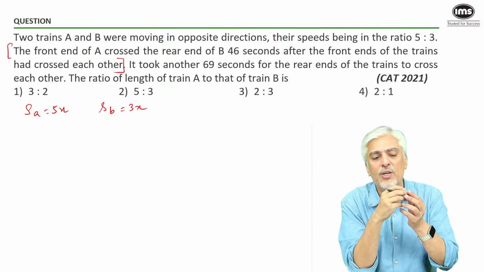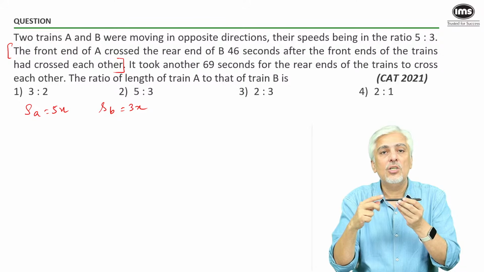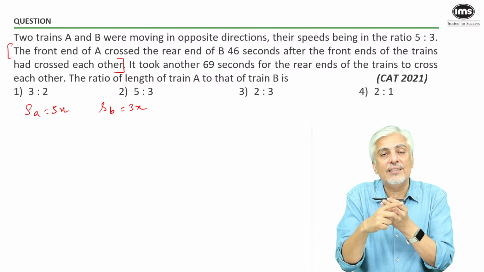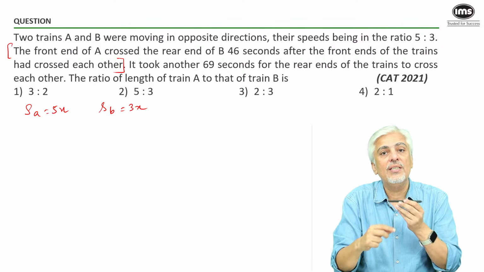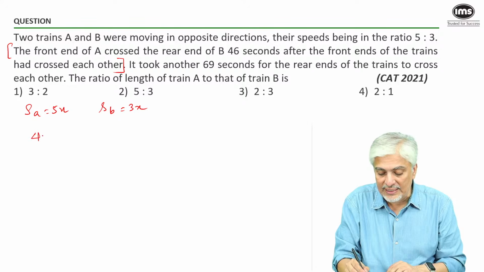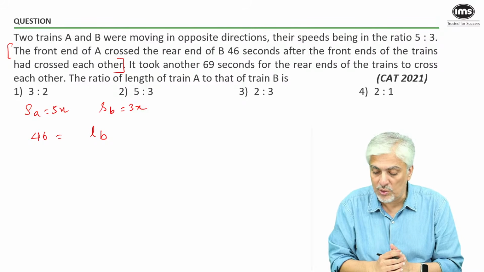So after the two front ends crossed, then the front end of A crossed the rear end of B. That means only B's length is important. The rear end of A has still not come in. Which means in the first case, when I use 46 seconds, I will consider only the length of B as the length to be considered for this question.